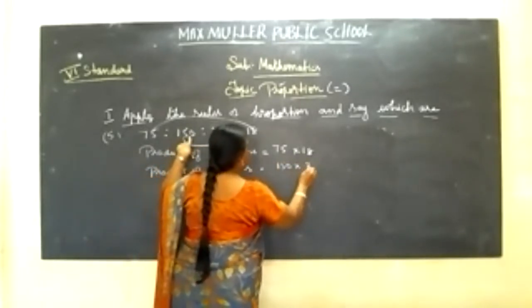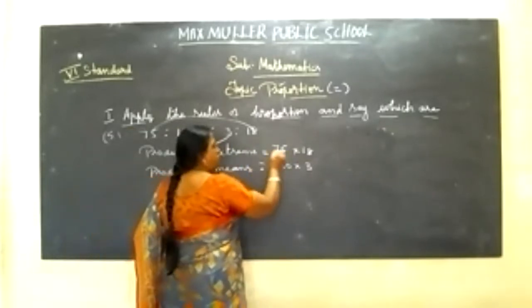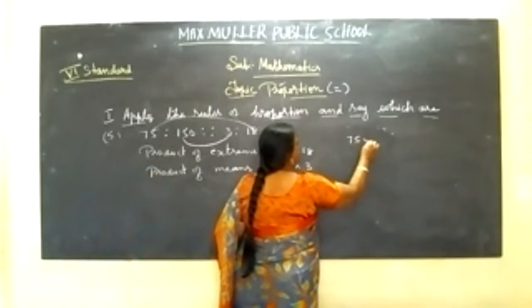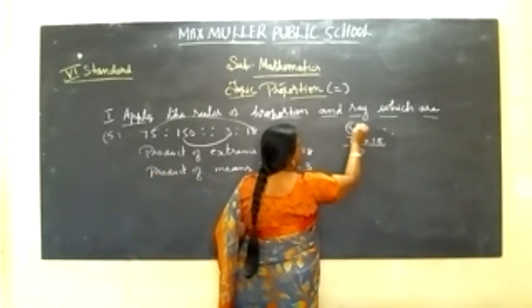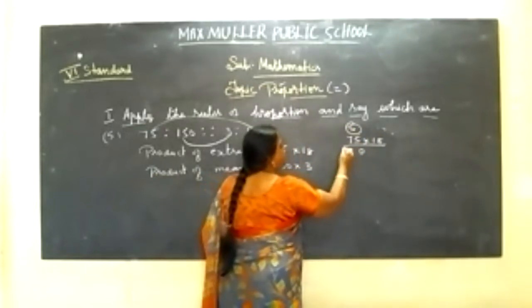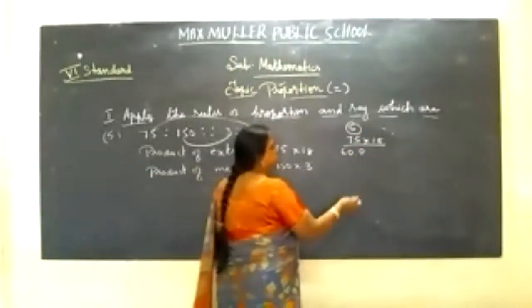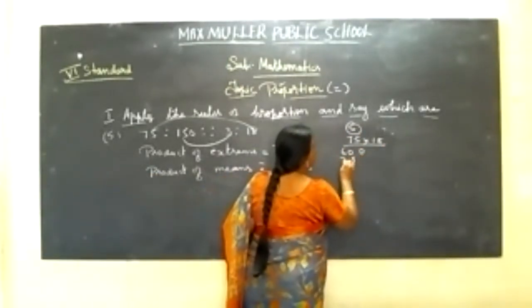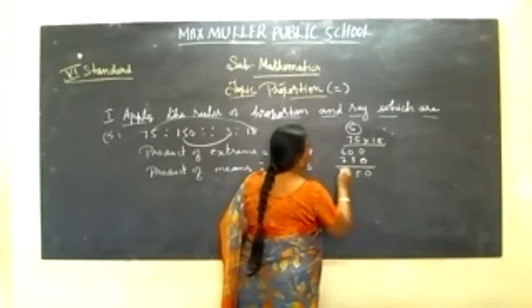So now if you multiply 75 into 18, 8 5s are 40, 4 carry, 8 7s are 56, 56 plus 4, 60. Now 1 5 is 5, 1 7 is 7. Now 0, 5, 13.